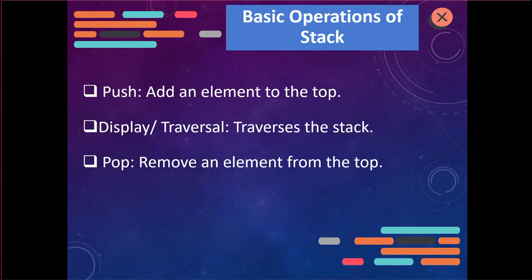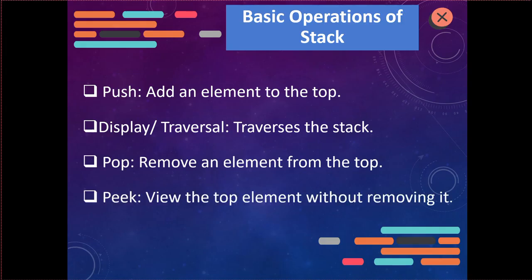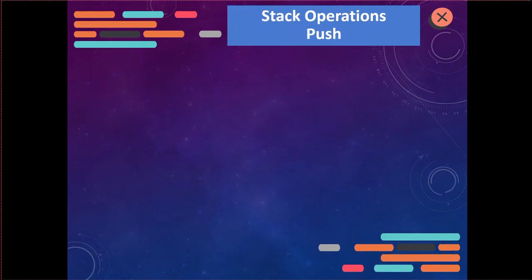Pop removes an element from the top, and peek views the top element without removing it. There is a basic difference between pop and peek: in case of pop, you remove an element and update the top variable to the next element, while in case of peek, you only view the topmost element without updating the top pointer.